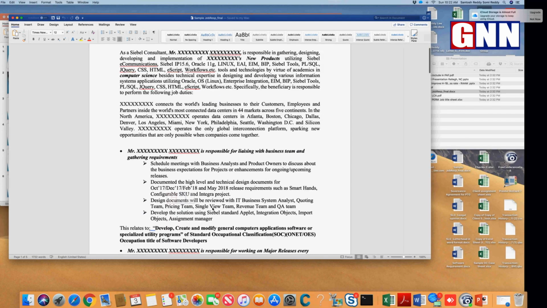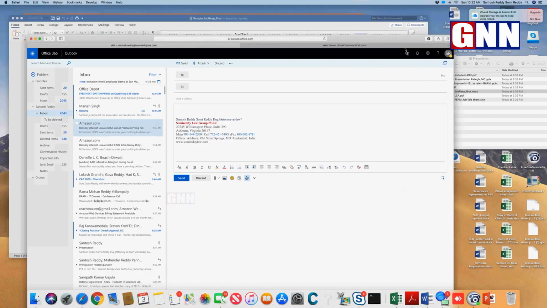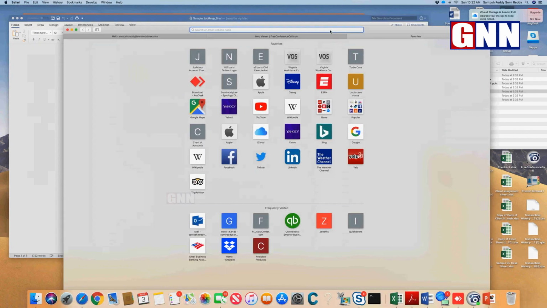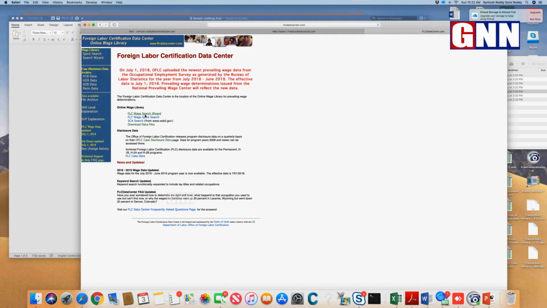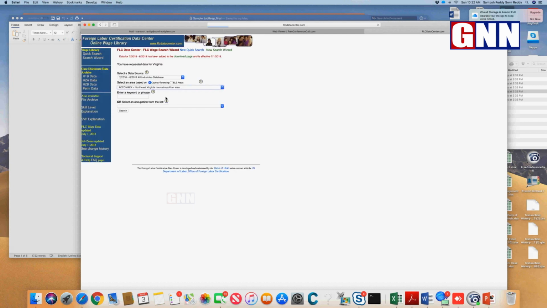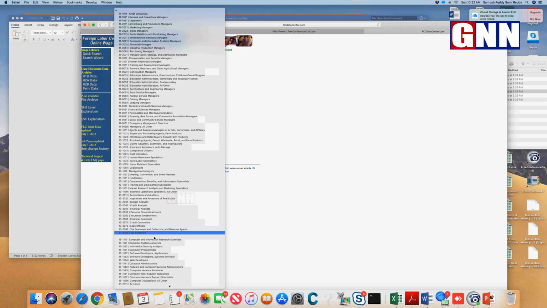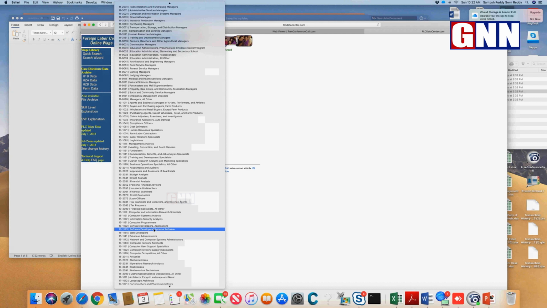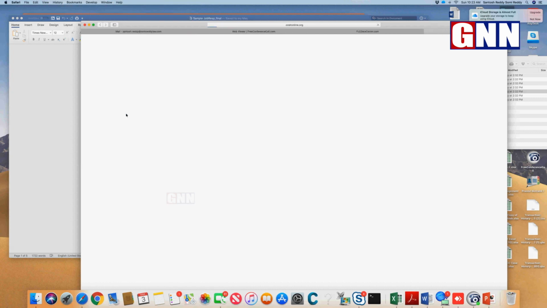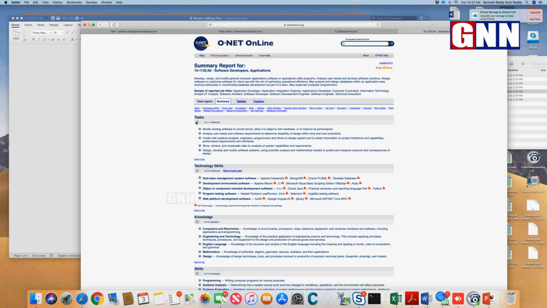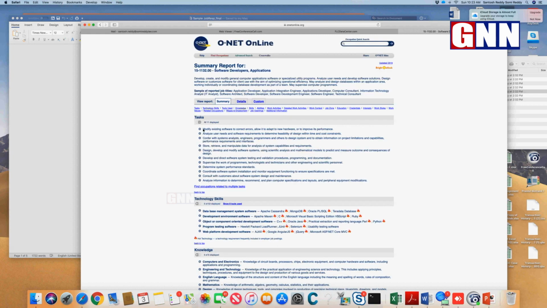So how do I come up with the task? If you enter the search wizard, assume that you have selected the SOC code of software developer, applications in the LCA. Then you have to make sure that the job duties actually match with these tasks, which are related to the software developer applications position.